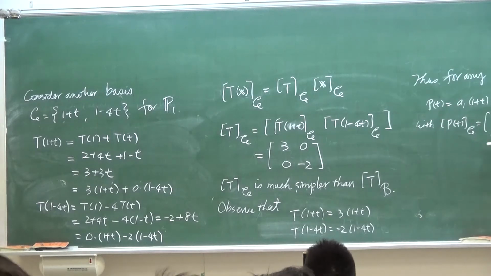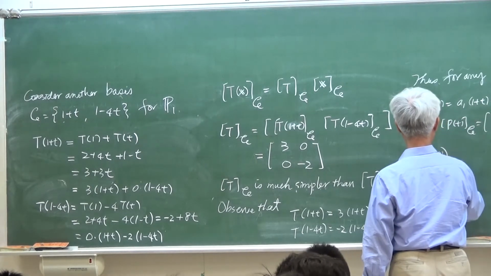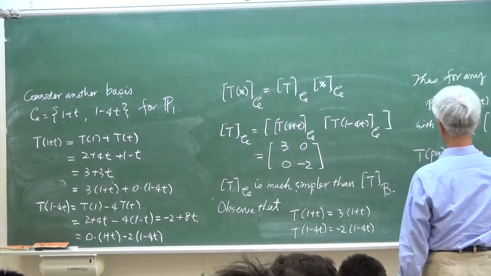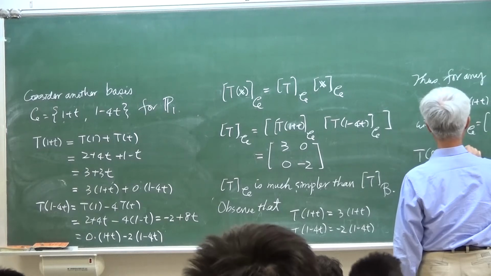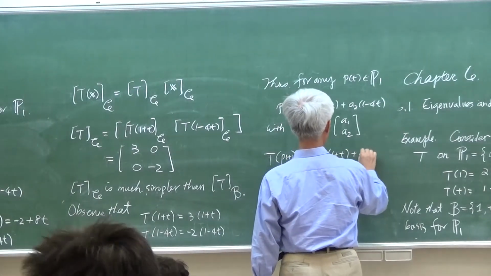So we choose C as the basis, then we have a C coordinate system. And the a1, a2 form the coordinate vector. Then T of p(t) becomes a1 T of the first vector plus a2 T of the second vector.